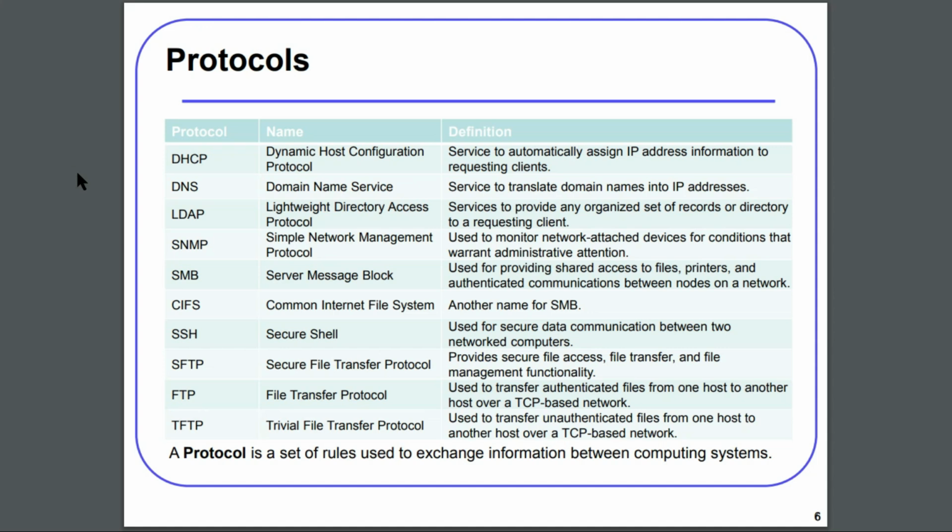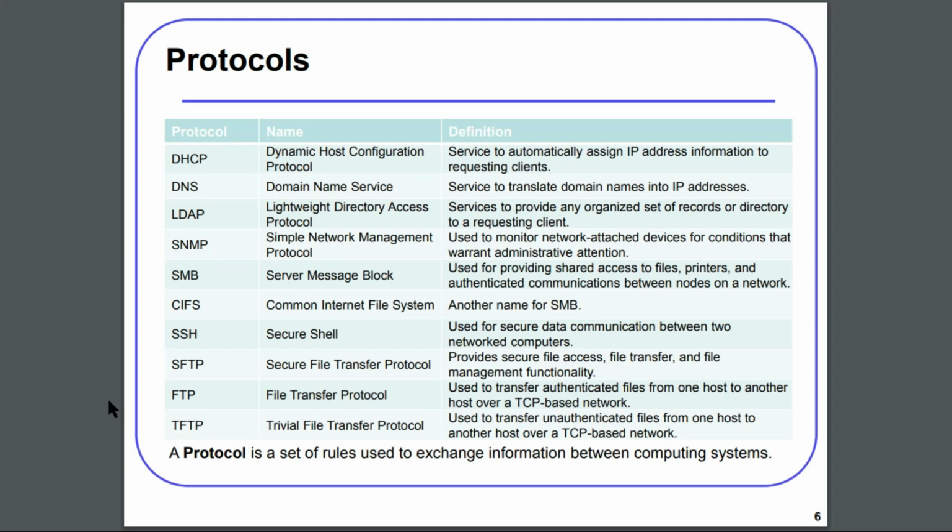SMB is server message block, used for providing shared access to files, printers and authenticated communications between nodes on a network. Next is CIFS, Common Internet File System, another name for SMB, server message block. Next is SSH, secure shell, used to secure data communication between two network computers. SFTP, secure file transfer protocol, provides secure file access, file transfer and management functionality.